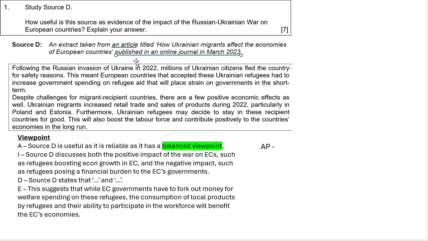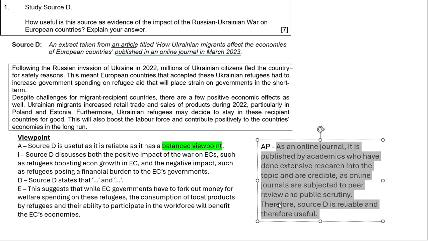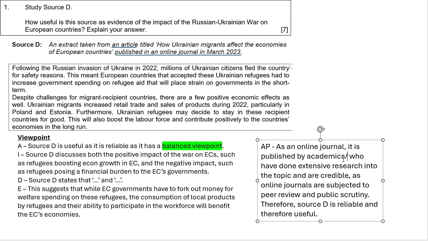So these are experts, or basically people who have studied the issue in great detail. So I can write something like this. It's an online journal. It's published by academics, or maybe you can also write experts who have done extensive research into the topic, and because of that, they are credible.